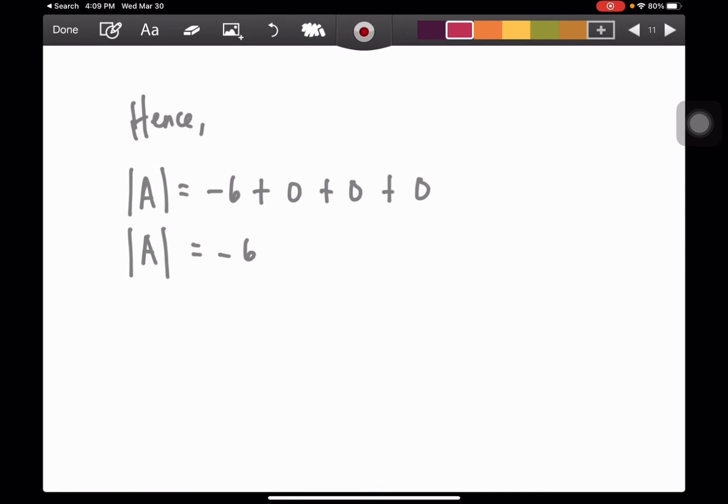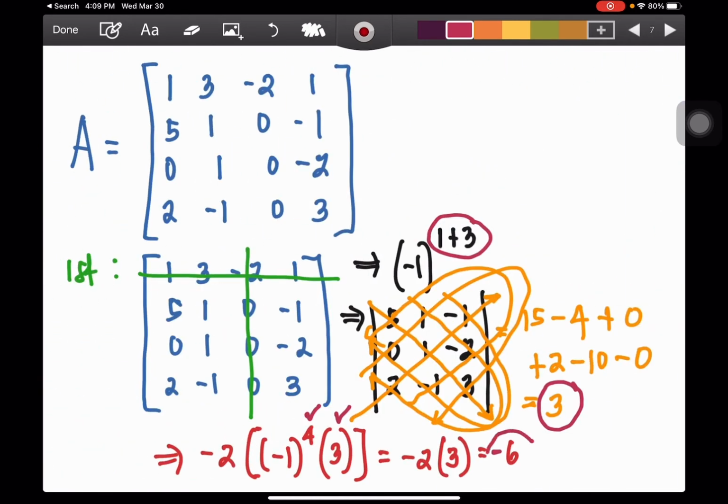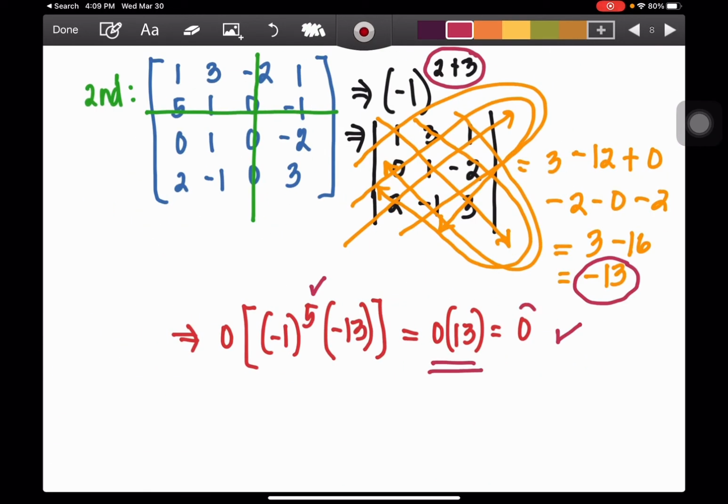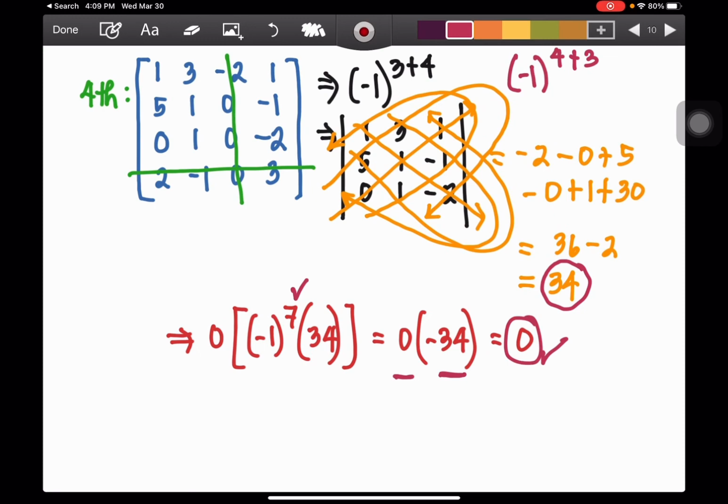So again, we add the values that we have obtained. So you have this first one is negative 6, followed by 0, followed by another 0, and another 0. So we're very lucky with this problem because we have a lot of zeros so that it's not too difficult to do our arithmetic. All right.